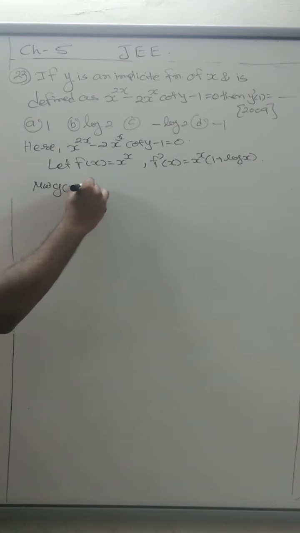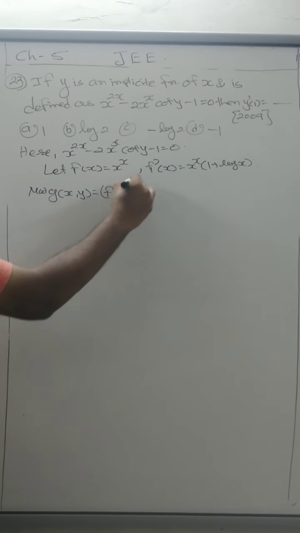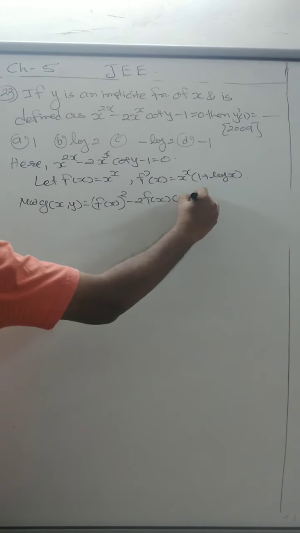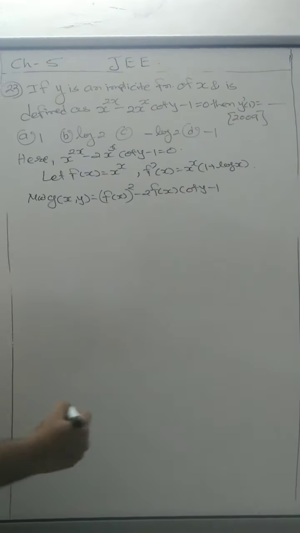Okay, now we put g(x,y) is equal to f(x) squared minus 2f(x) into cot y minus 1. Right? This is a function g(x,y). Now we want to find the derivative of this g(x,y).